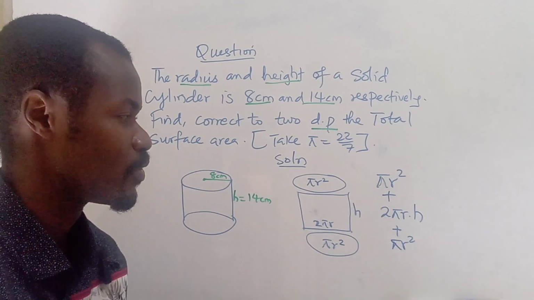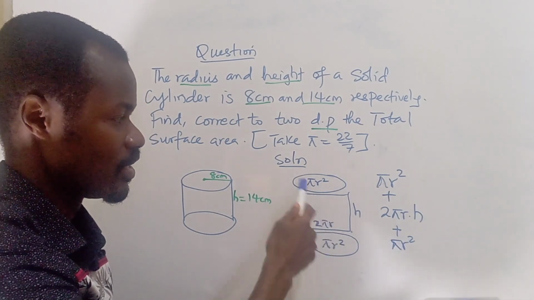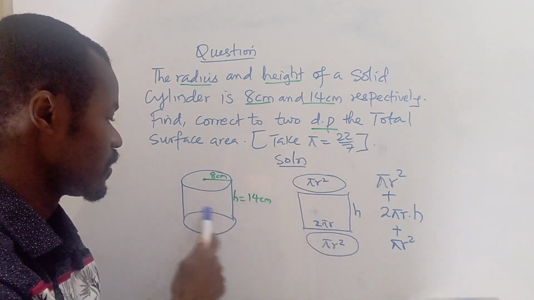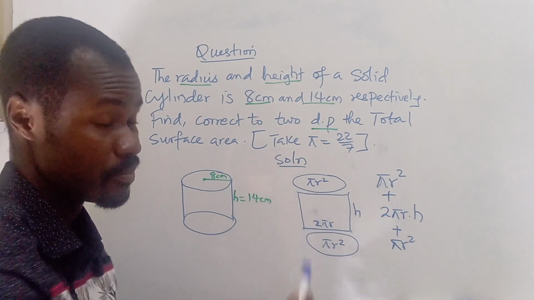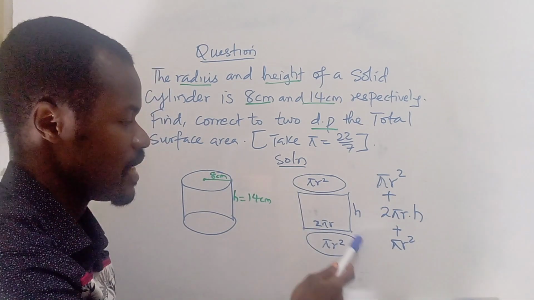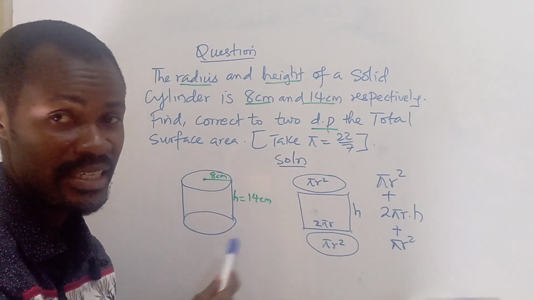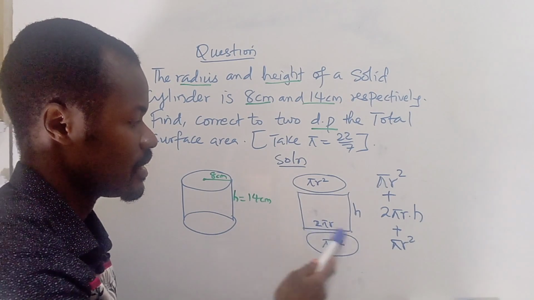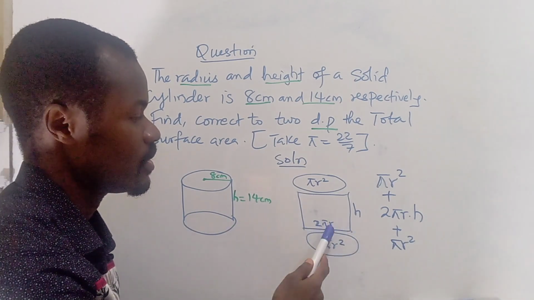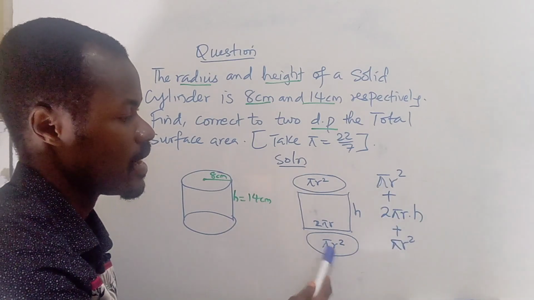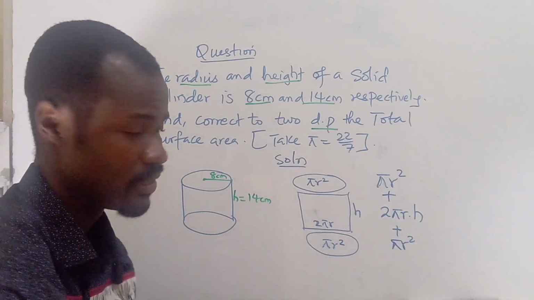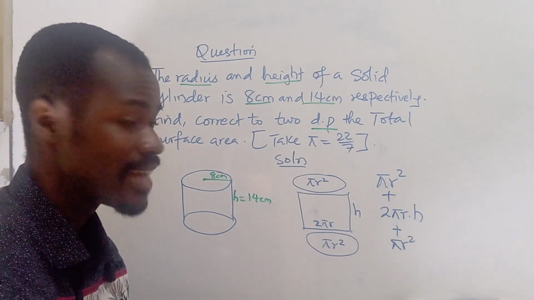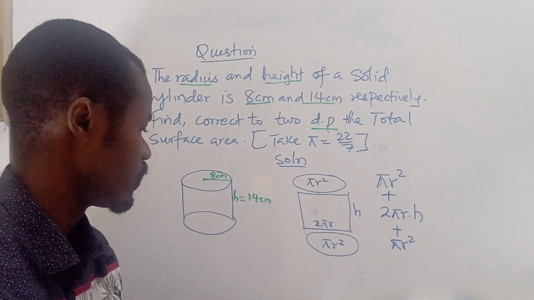That gives us the surface area of the top, the surface area of this rectangle, and the surface area of the base circle. If we add all that, we get the total surface area.